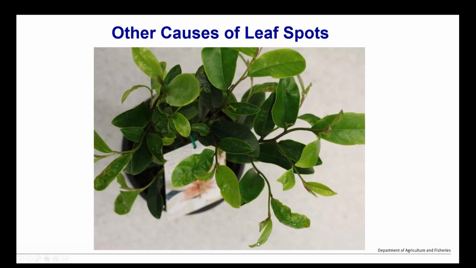If you are seeing the new growth being damaged, and the new growth that comes out is still being damaged, you'd be more suspicious that you're dealing either with an ongoing problem or something that's pathogenic. Okay, so it is important to look at the pattern of damage on your plant.